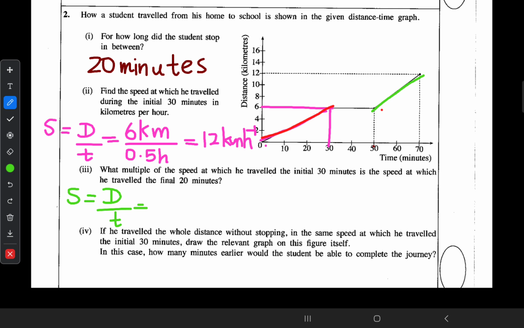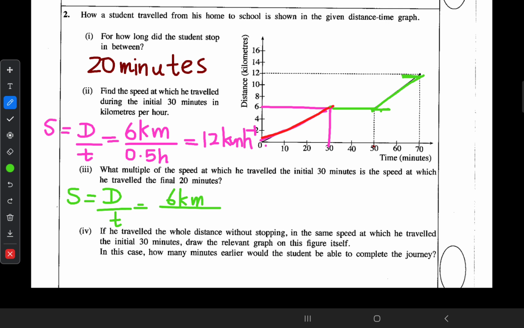The student already traveled 6 kilometers, then took some rest for 20 minutes. Then from 6 kilometers onwards she is traveling up to 12 kilometers. So the distance she covered now is only 6 kilometers again.